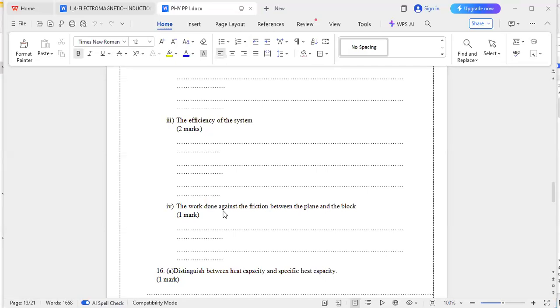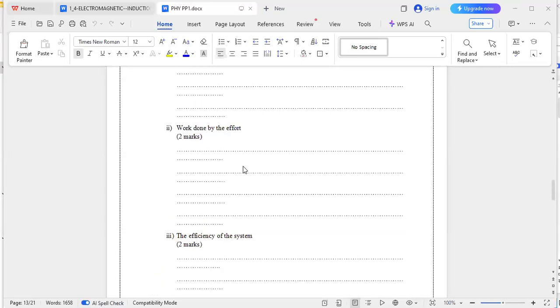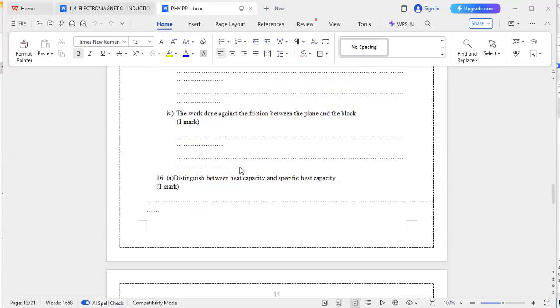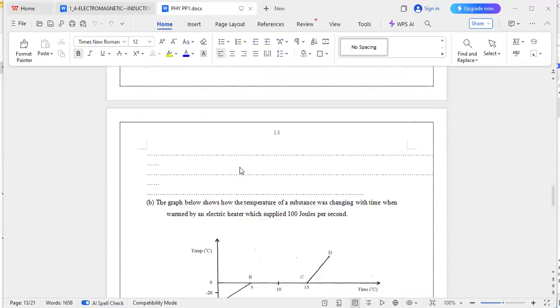That gives us 249. I think it's 248.8 joules. That is work done against friction, the difference between work input and work output. So we can stop there. We will continue from number 16.